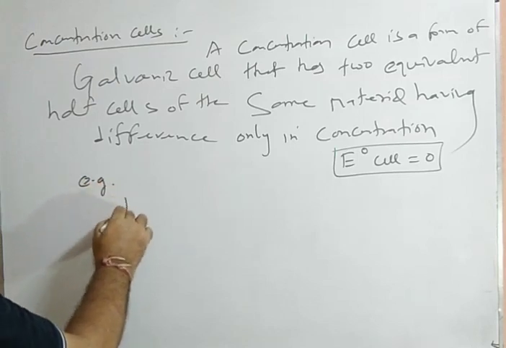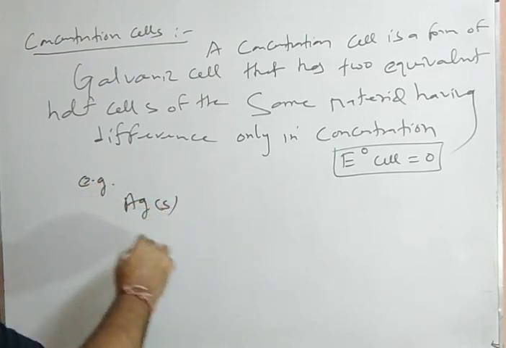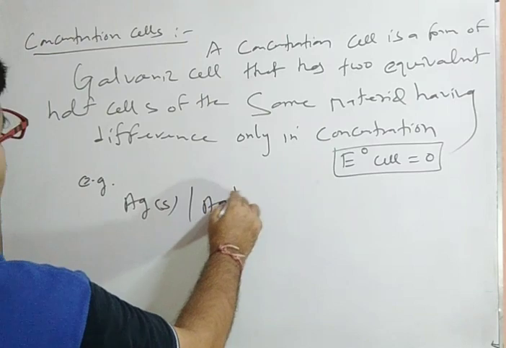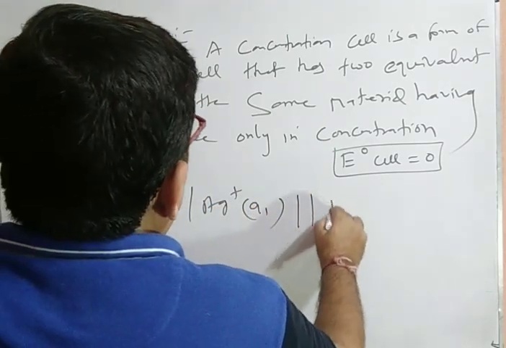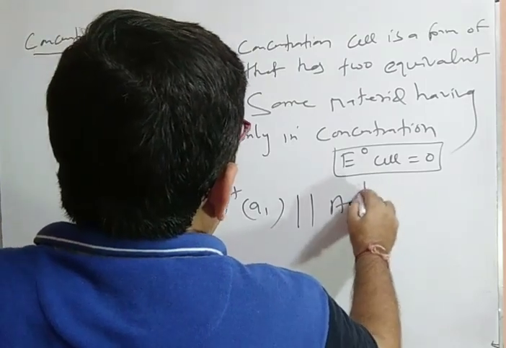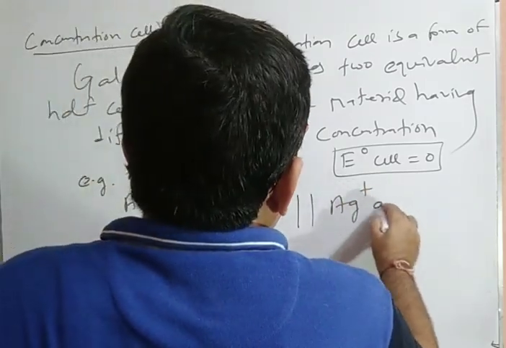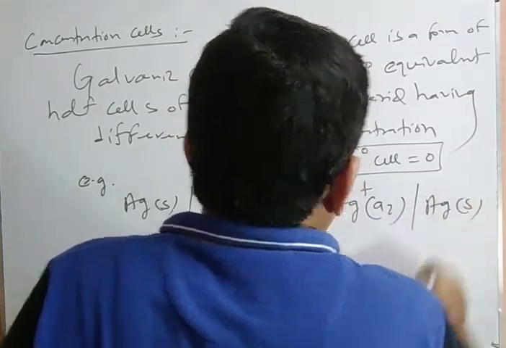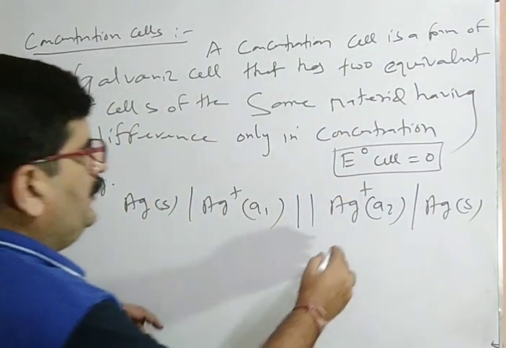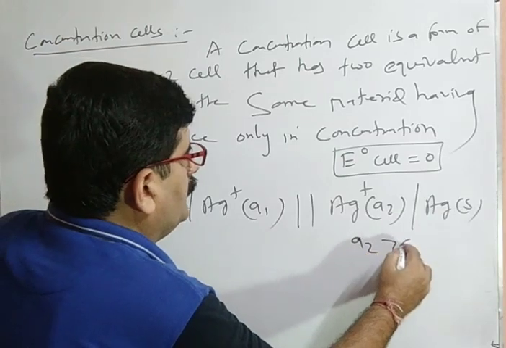Consider this example: silver solid, Ag plus, and suppose concentration is here C1, and suppose concentration is here C2, and convert it to Ag solid. Always remember C2 is greater than C1.